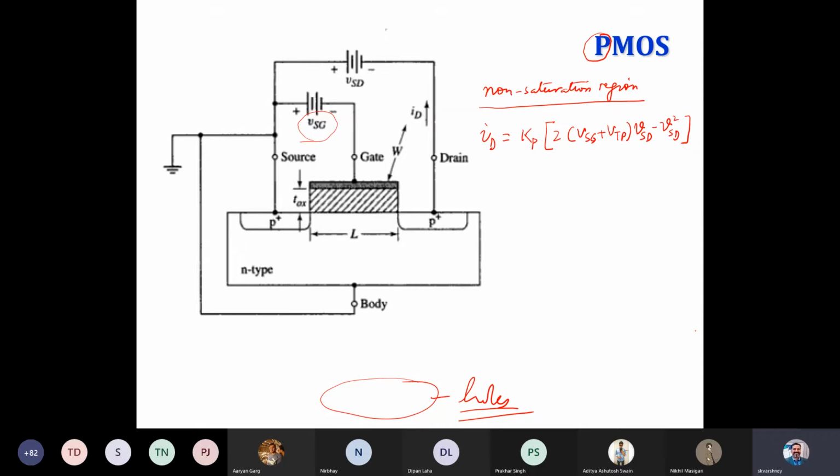So we just use different nomenclature, just to distinguish NMOS and PMOS.